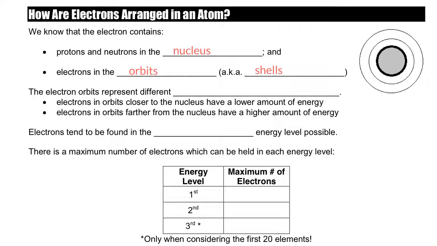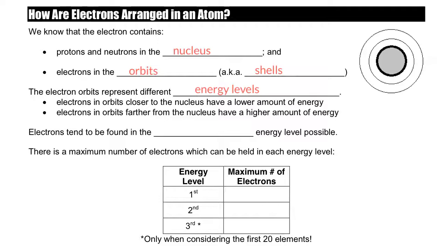Now sometimes people will call these orbits shells. It means the same thing. I will probably use the word orbits instead of shells, but I'm just trying to make you aware of what different people would say from different sources.